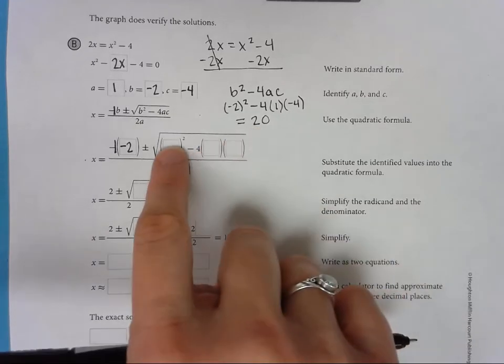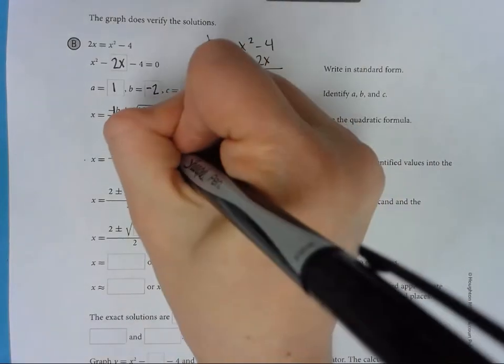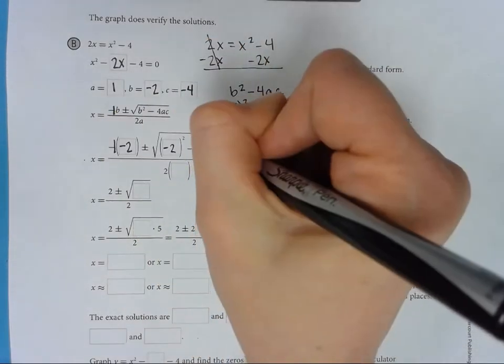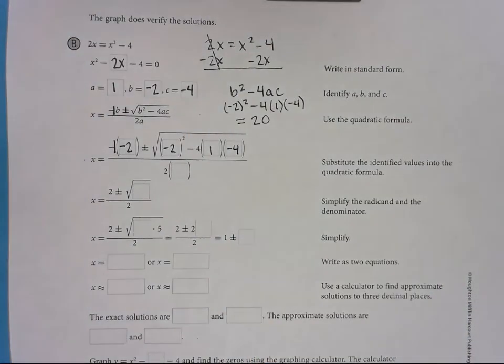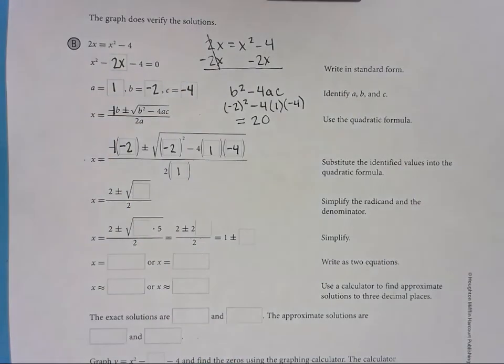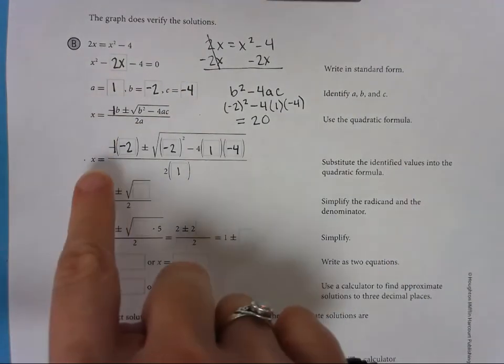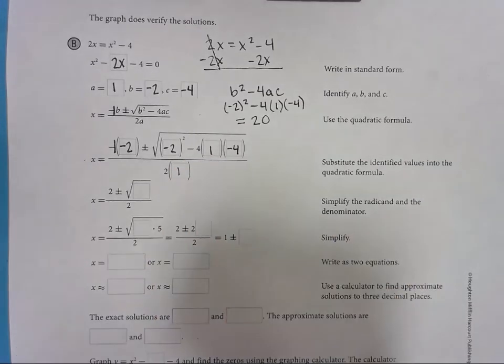So some students may just want to write in a 20 here. I'll go ahead and plug it in since we have the space to do so. All over 2a, so our a is 1. Be sure to extend that fraction bar all the way across, because the whole entire numerator is divided by the 2 times 1.